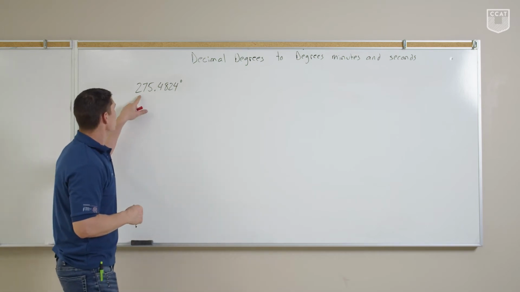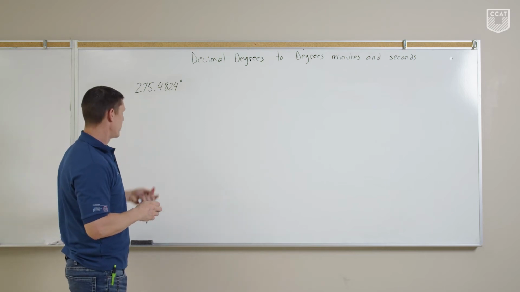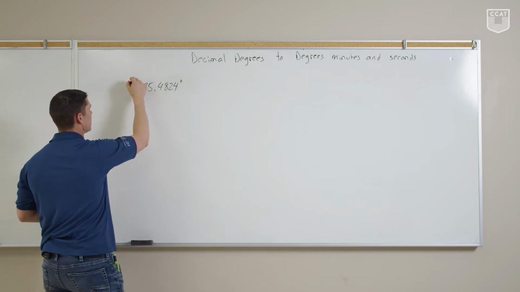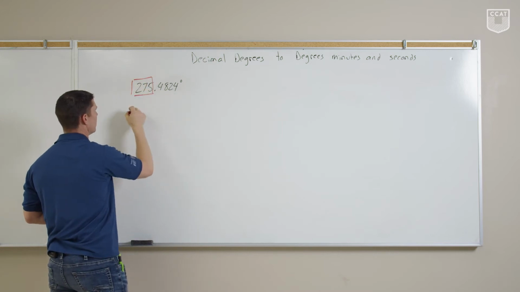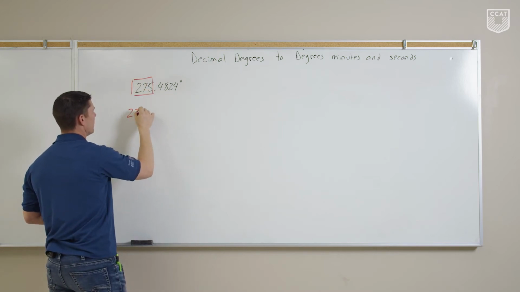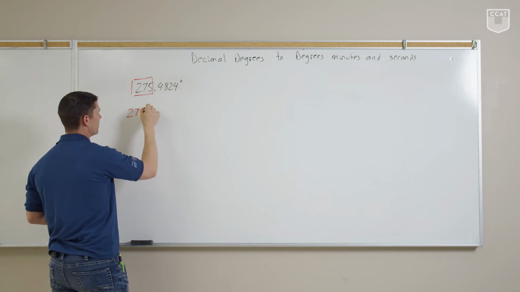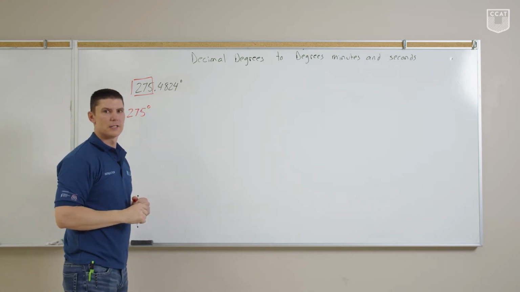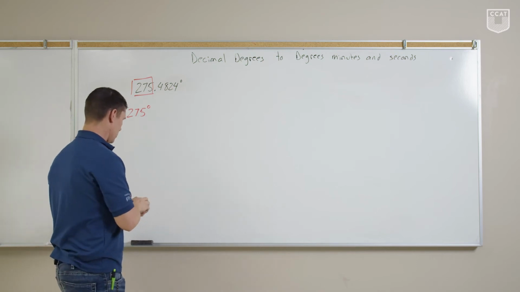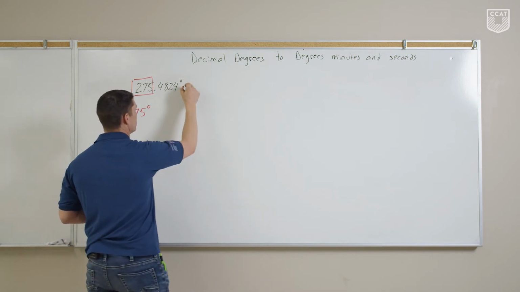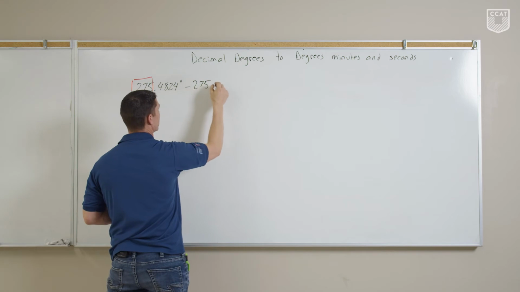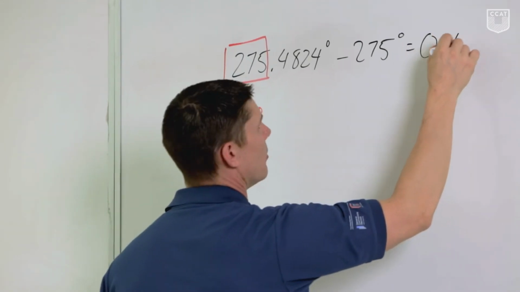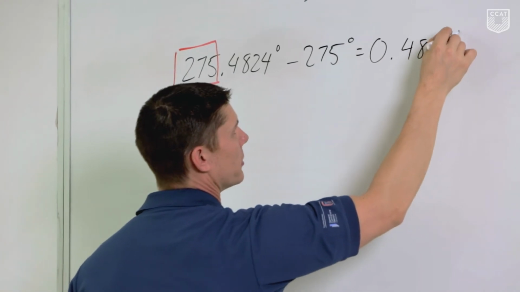So we've got 275.4824 degrees. We can take the 275 out because we know that we have 275 degrees, and we're going to convert the rest to minutes and seconds. We're left with 0.4824 degrees.